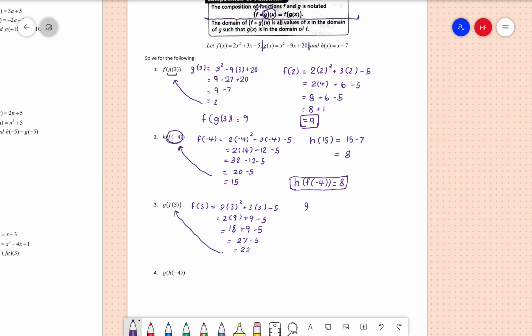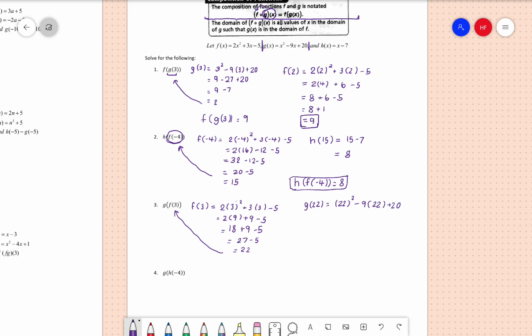So this 22 goes here. So now we're going g of 22. So for g of 22, we've got 22 squared minus 9 times 22 plus 20.